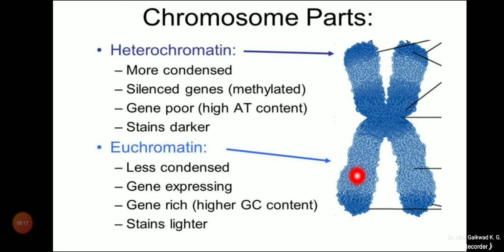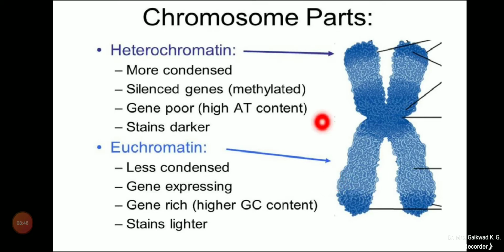See, here in this region, which shows a somewhat faded structure, it is a less condensed region where gene expression takes place, and it stains lighter during the staining procedure. So in some regions of chromatin, DNA is more and genetically active, and is called the euchromatin.